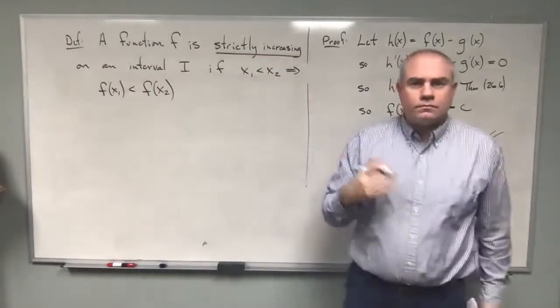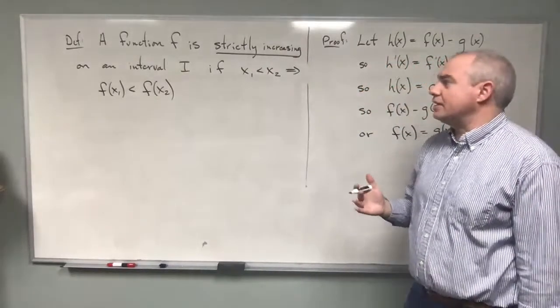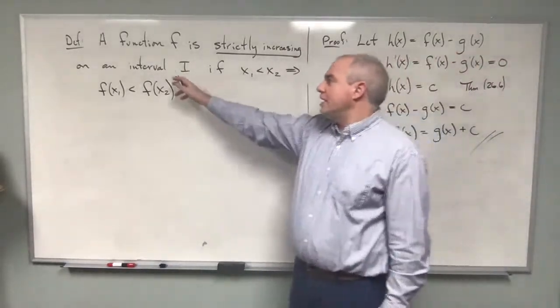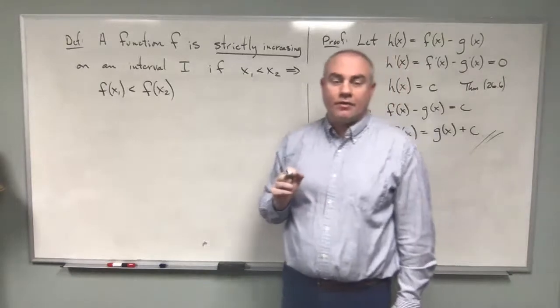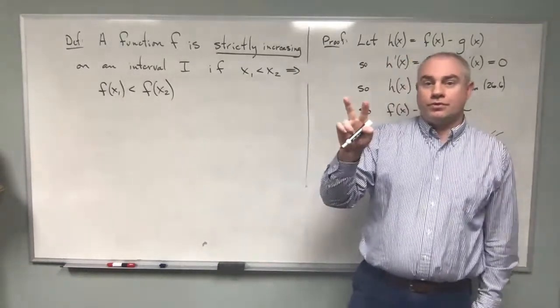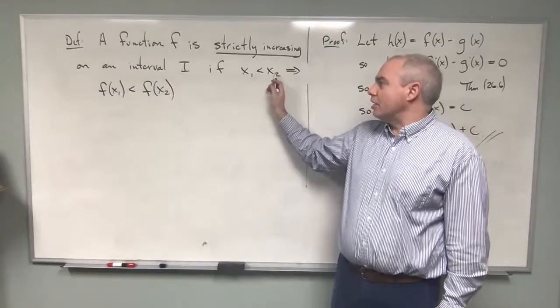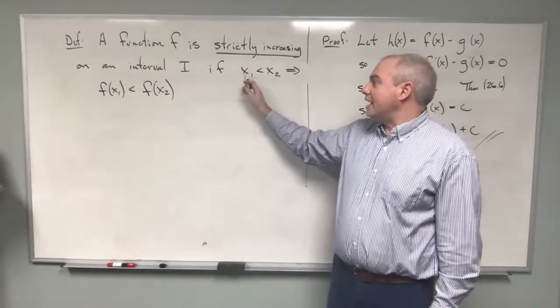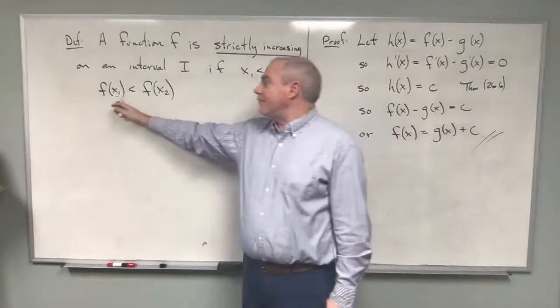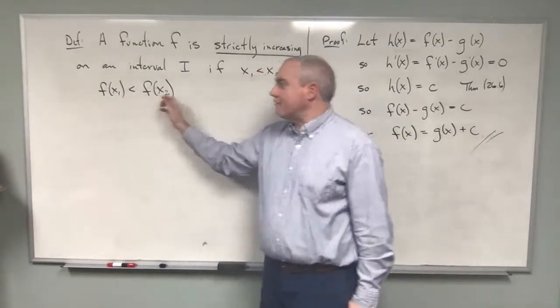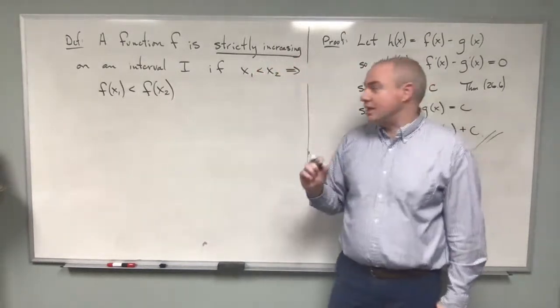So what it means to be strictly increasing on an interval is take any 2 points in that interval, you choose. One of them is going to be the small one, one of them is going to be the large one. And if that implies that the functional value of the first one is less than the functional value of the second one, then it's increasing.